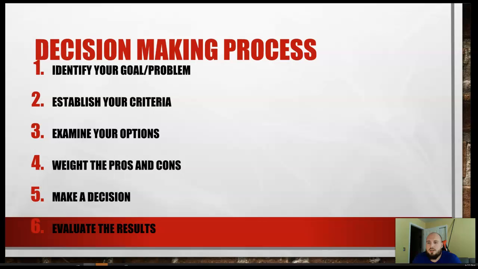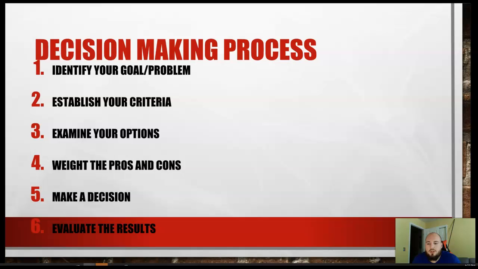So let's walk through this really fast. If my goal is to go to college, my criteria is that I would like to go to a school that's out of state, and I would like to go to a school that is a larger university. I don't want to go to a small school. So that means my options could be Duke, Ohio State, USC, UCLA, pretty much anywhere. Weigh the pros and the cons.